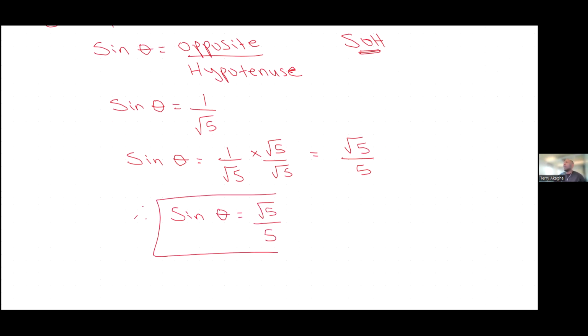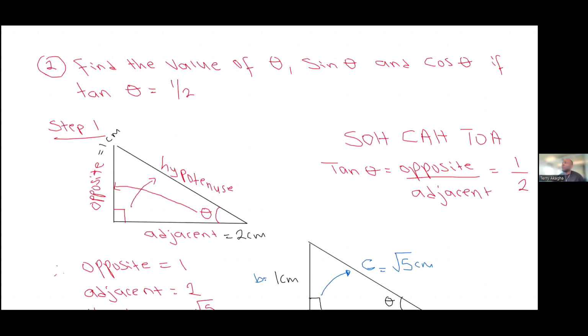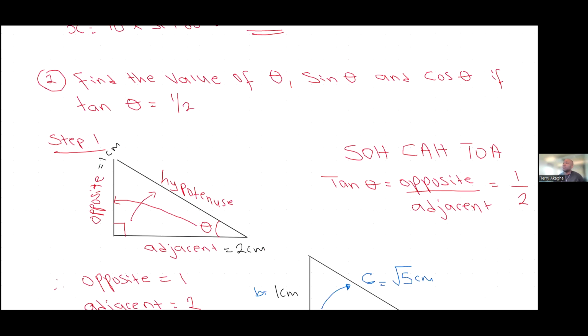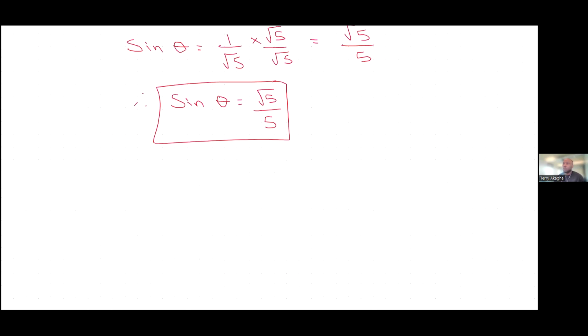Okay. Now the question also wanted us to find cos theta, I believe. Yes, it wanted us to find cos theta as well. So same thing, SOHCAHTOA. So number 2, to find cos theta. For cos theta, we're interested in the CAH, right? So CAH is adjacent divided by hypotenuse.